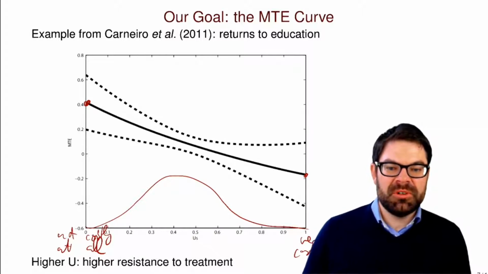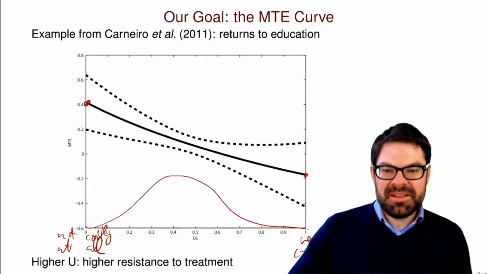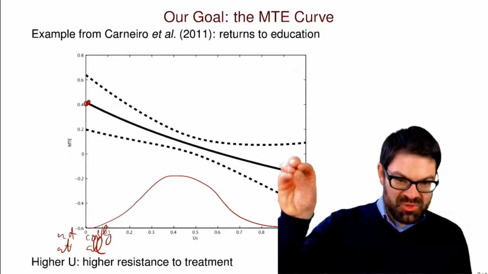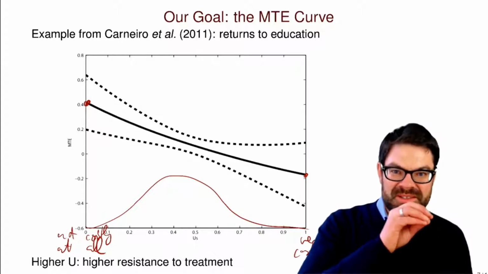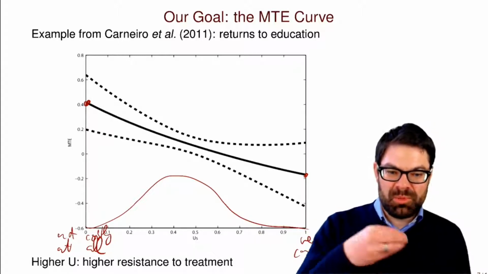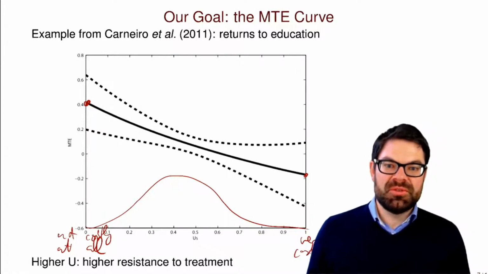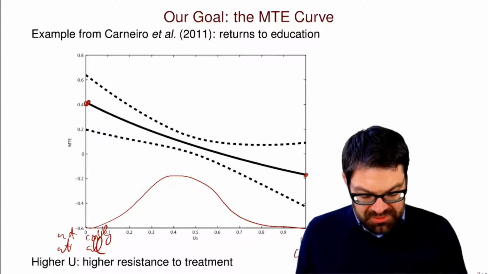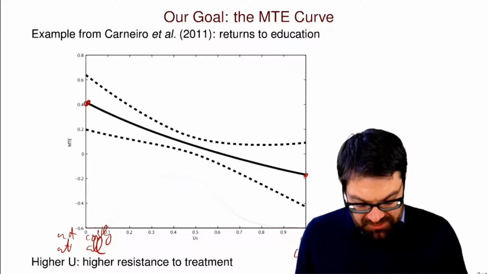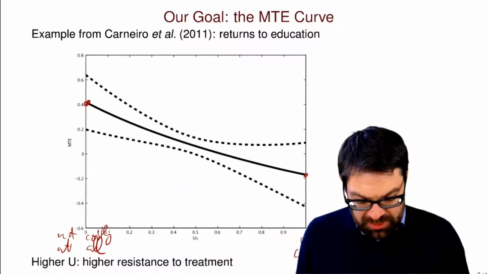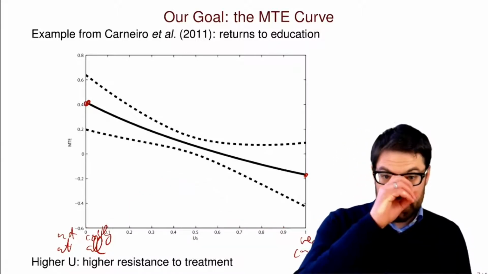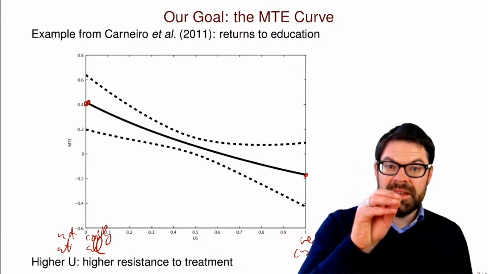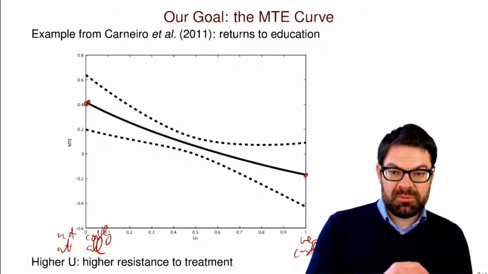And the average treatment effect is a weighted average of all those treatment effects that are described by this line, weighted by those probabilities given by the distribution. And so that is very, very useful, because it also helps us to think, well, what is the likely treatment effect that I get from a given policy?